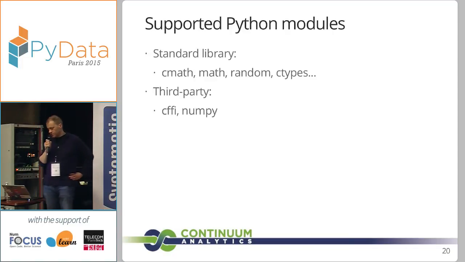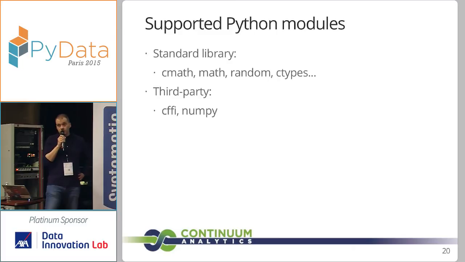CFFI, you may not know, is a third-party alternative to ctypes. What we support in ctypes and CFFI is simply that if you declare a function extracted from a library in ctypes, for example, you are exposing the sin function from the math library, then you can call it natively from a Numba function. And of course, we support NumPy.